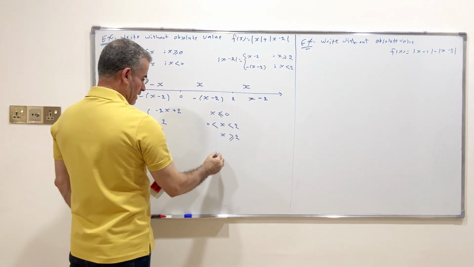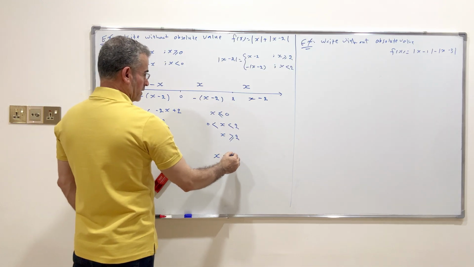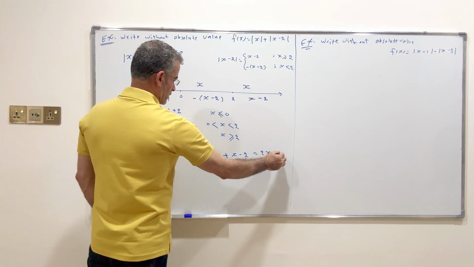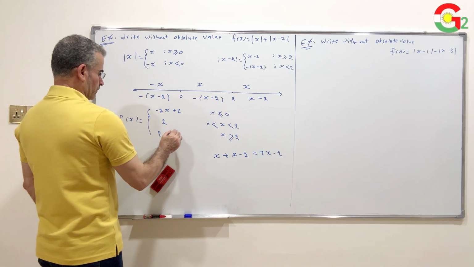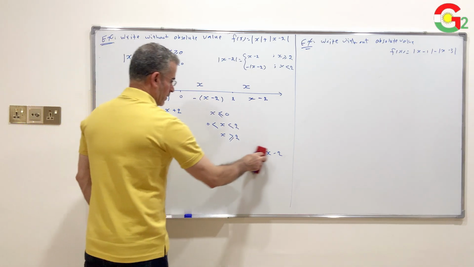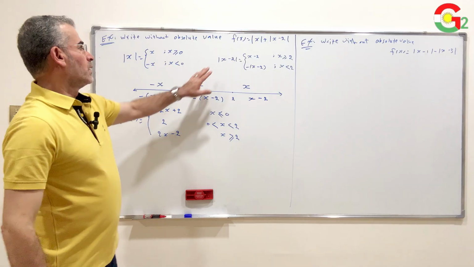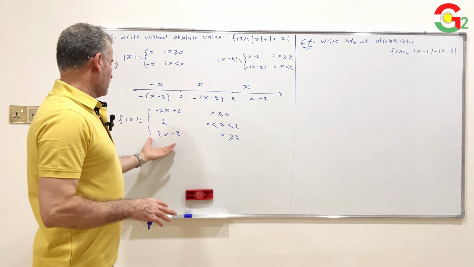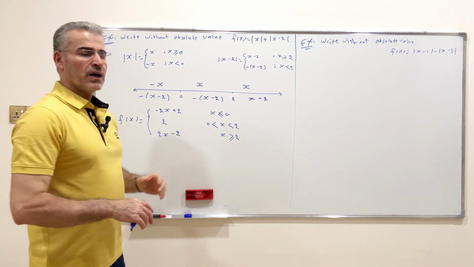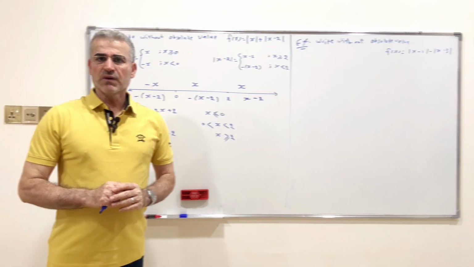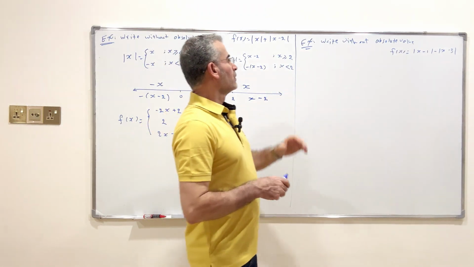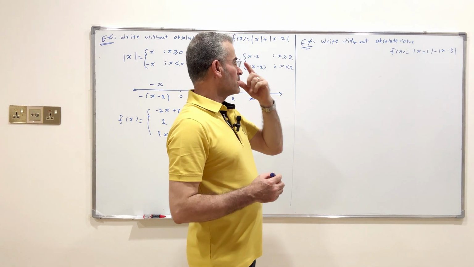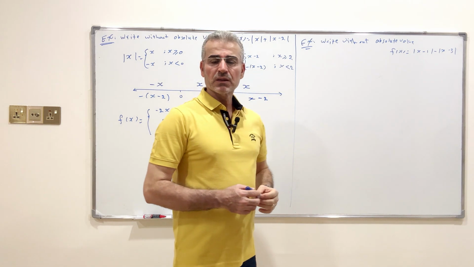It is x plus x minus 2, equal to 2x minus 2. I rewrite the function f of x without absolute value as a piecewise function.